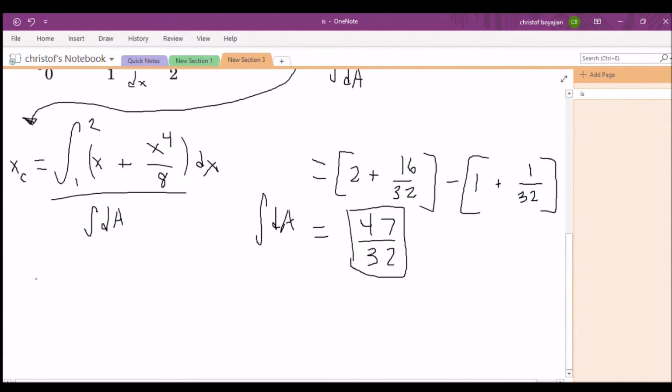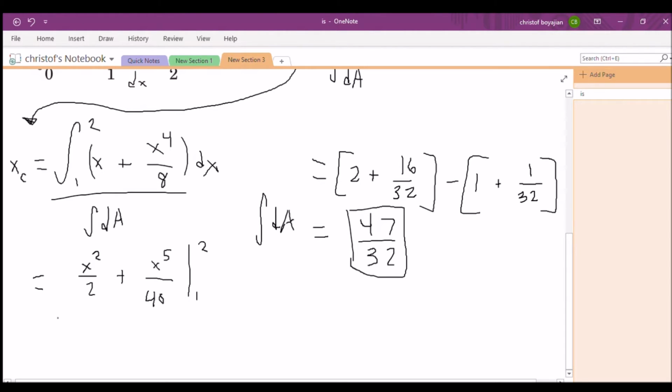All right, let's evaluate this integral up on the top. So our integral on the top is going to be x squared over 2 plus x to the 5th over, should be 40. And we're evaluating this from 1 to 2.